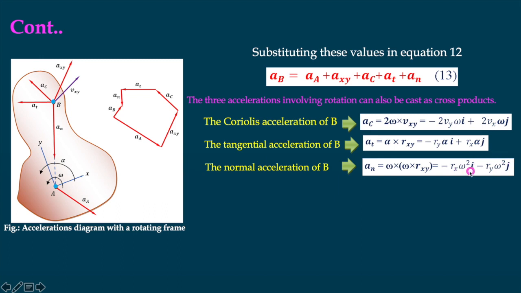Now from this equation, this is Vxy and this is omega, so it is the cross product of omega and Rxy. We can verify this through the cross product also, where Rxy is Rx i plus Ry j. Go through the double cross product and we will get this equation.